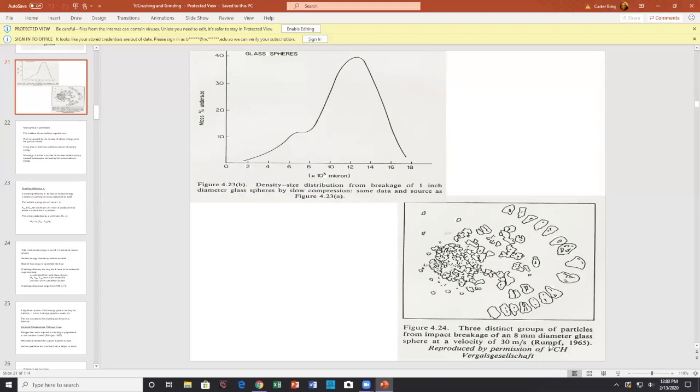Breakage of an 8 millimeter diameter glass sphere. According to mass fractions, you'll see these out here dominate most of the mass. And these in here will appear as this flat hump in this region. And the fines won't even show up.